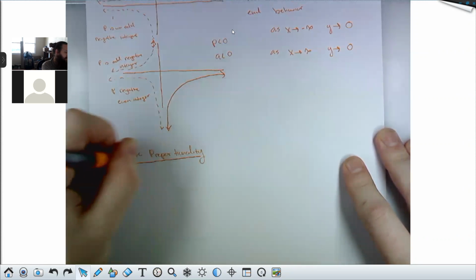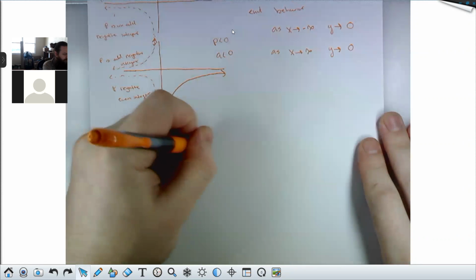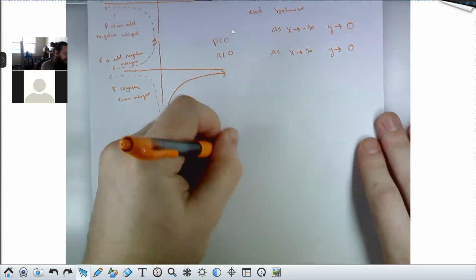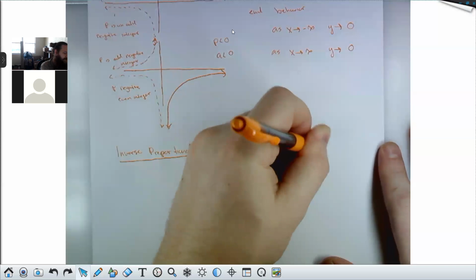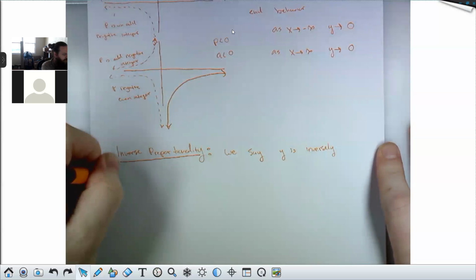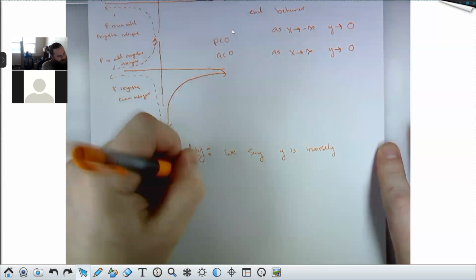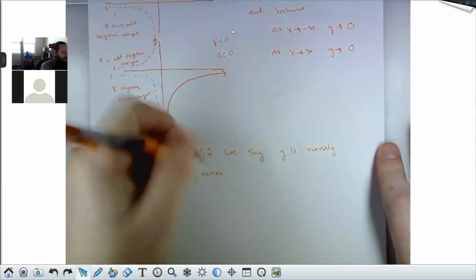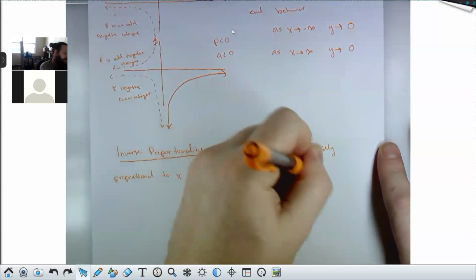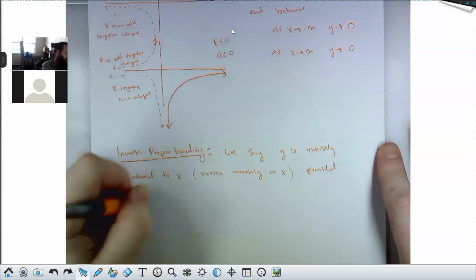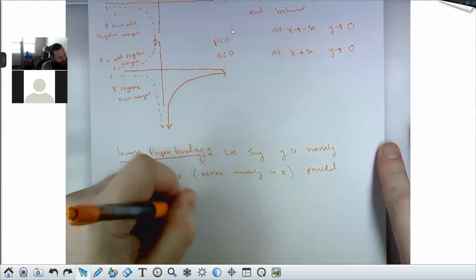So far we've learned about direct proportionality and joint proportionality. Inverse proportionality is defined as follows. We say y is inversely proportional to x, or varies inversely as x, provided y is equal to some constant times 1 over x.